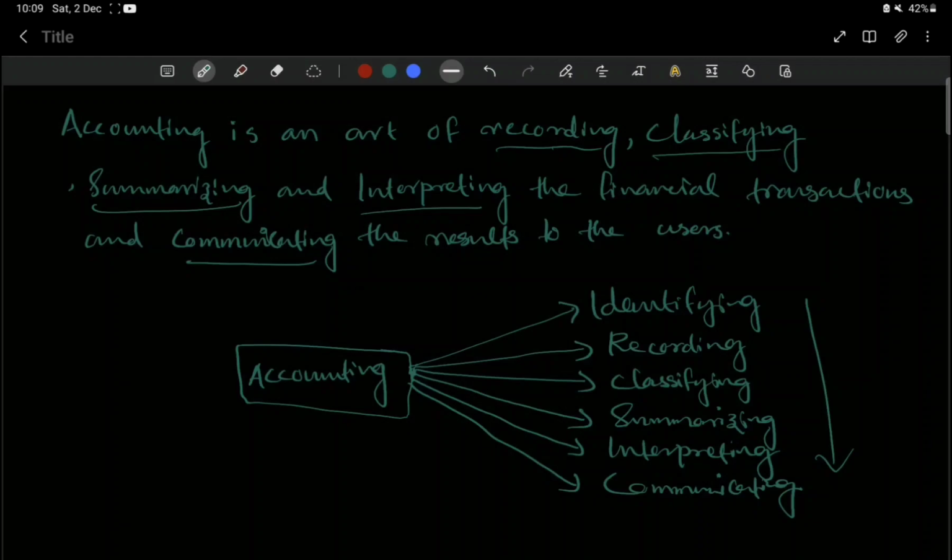The third process is classifying the transaction. Classifying is the process of grouping the transactions or entries of one nature at one place, grouped together under common heads, for example expenses, assets, liabilities, etc., which have common features.